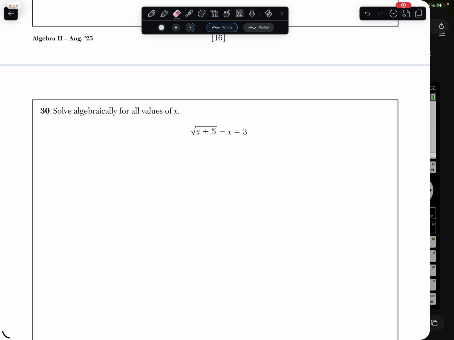The radicand has to be greater than or equal to 0, so x plus 5 must be greater than or equal to 0. So x must be greater than or equal to negative 5. That's because we can't take the square root of negative numbers, since here we're dealing with real numbers.